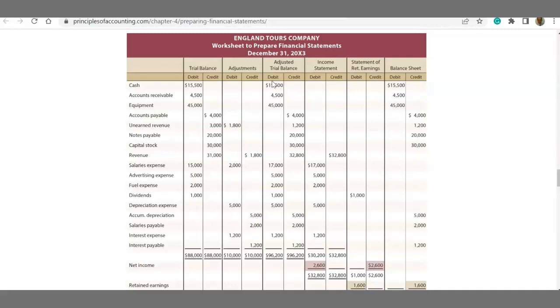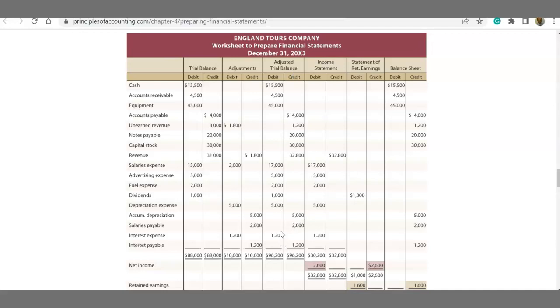And then you construct your adjusted trial balance based on those adjustments. Let's say here is 30,000 credit, you do 1,800 debit, then the leftover is 1,200 credit, right? So the adjusted trial balance is constructed, both sides are equal, perfect.